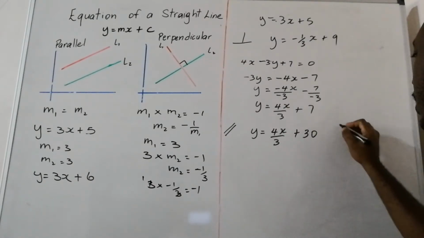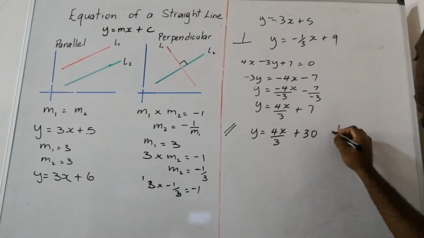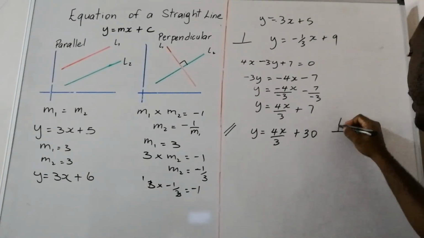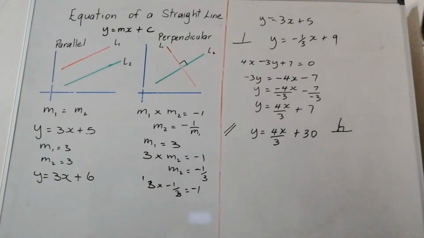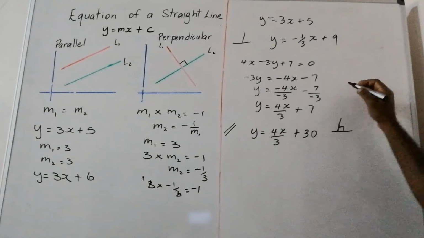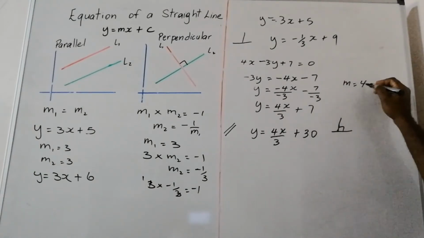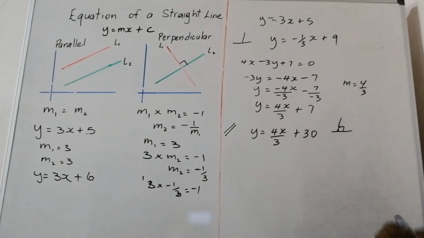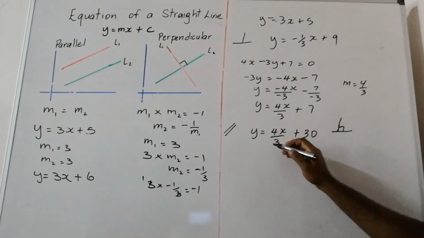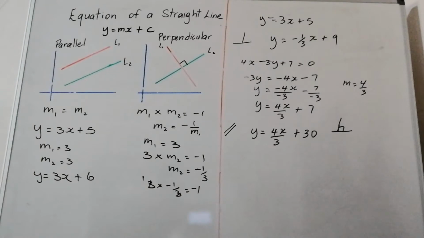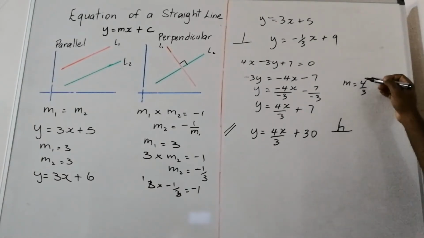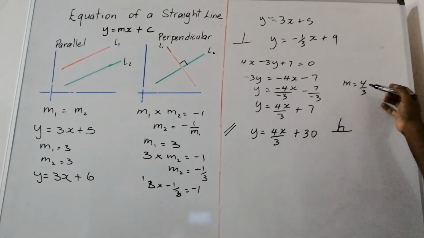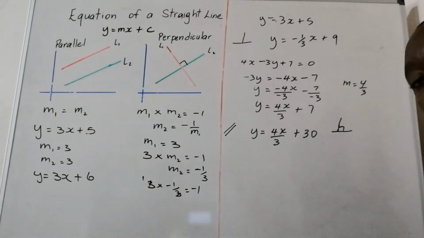If I need a perpendicular line, right, what do we do? Remember, we upturn the gradient. Since this gradient is 4 over 3, a line parallel to it will be 4 over 3 too, but for a line perpendicular, we find the reciprocal of 4 over 3, which will be 3 over 4, and then change the sign.